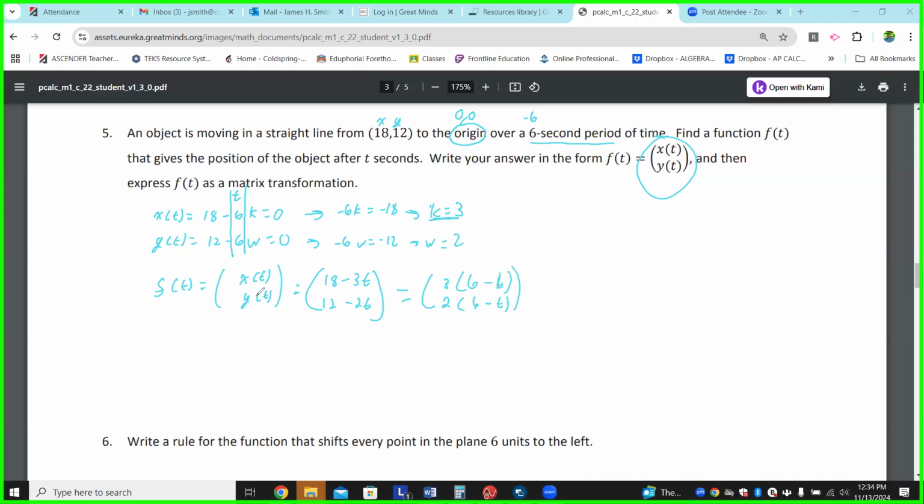That's a t, by the way, right here. Yeah, this is 6 minus t, and this is 6 minus t, but it looked like a 6 minus 6. So then just like before as well, I can rewrite this then as 6 minus t, 0, 0, 6 minus t, and 3, 2. Go ahead, what's the question?